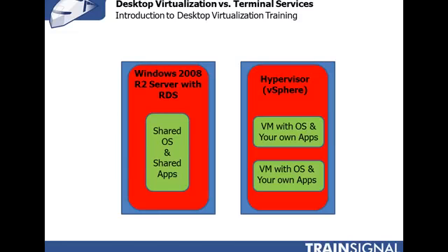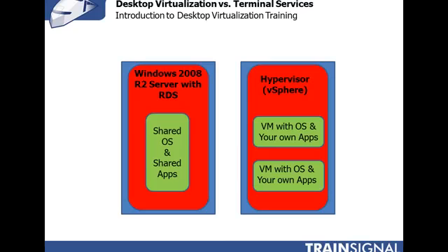On the right-hand side, let's say we're using a desktop virtualization solution. You've got the hypervisor. It could be vSphere or Hyper-V or Citrix XenServer. And then on top of that hypervisor, you've got individual virtual machines, and each virtual machine has its own operating system and its own applications.